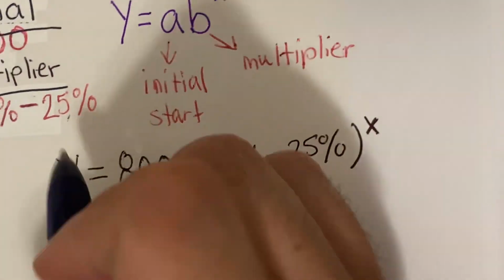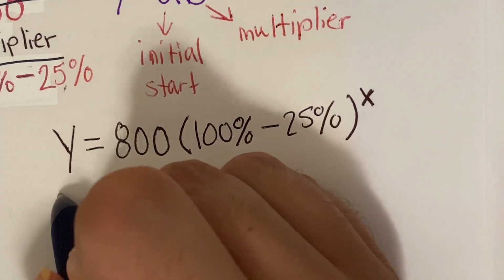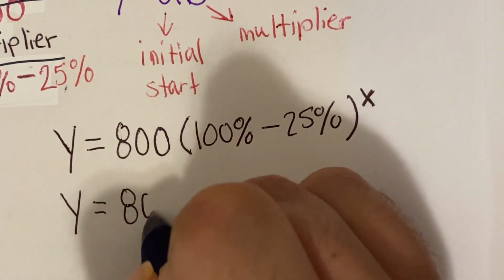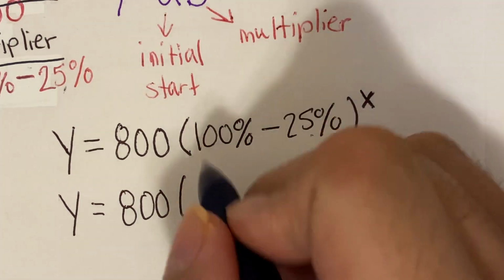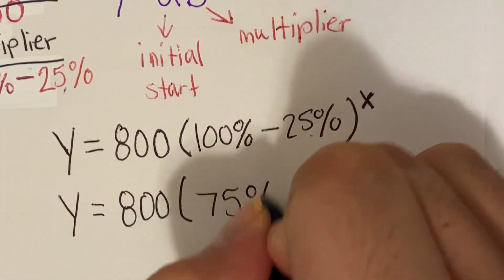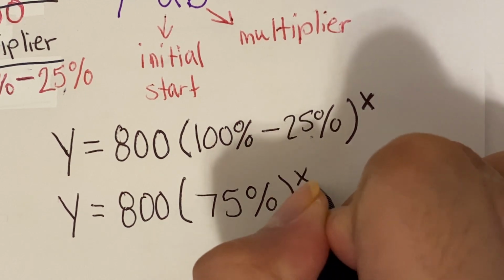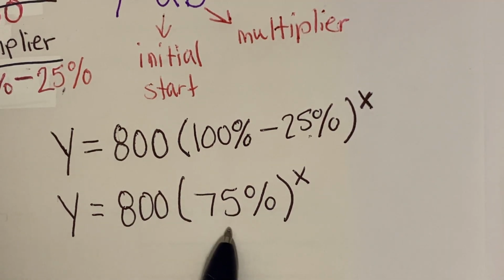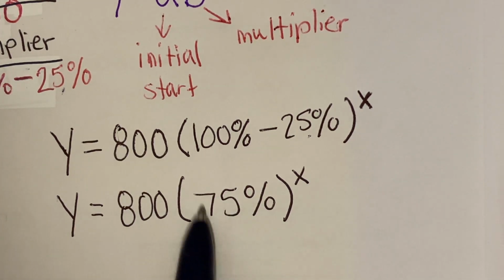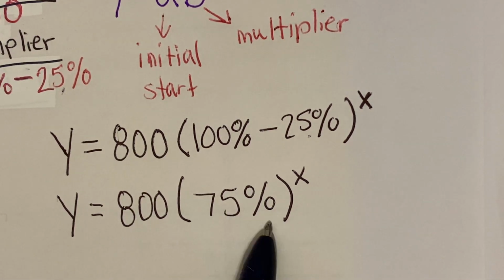Right. So let's go ahead and simplify this. It's going to be y equals 800, the initial, and then 100% minus 25%. That's going to give me 75%. And then to the power of x. So we can see here, if you think about the first example we did, we had a number in here that was greater than 100%, right?